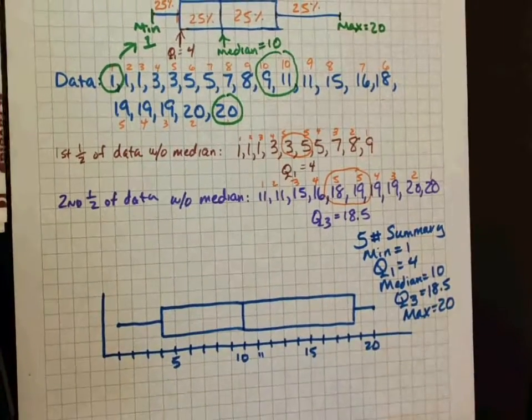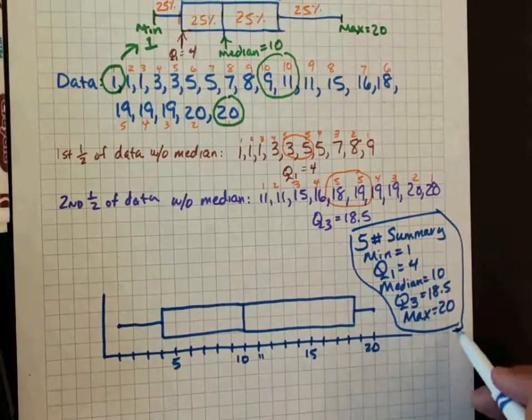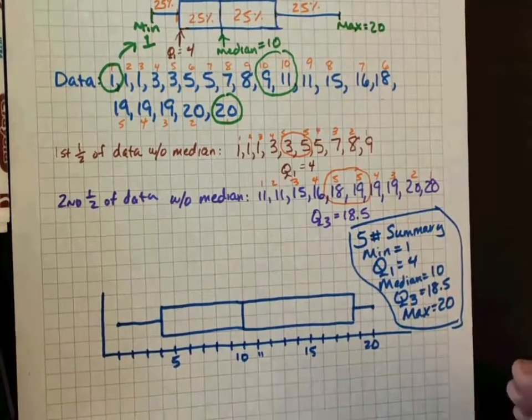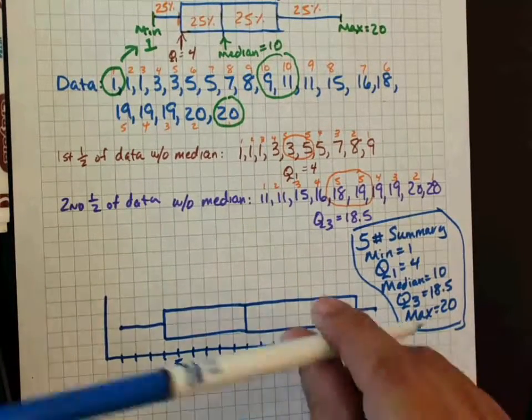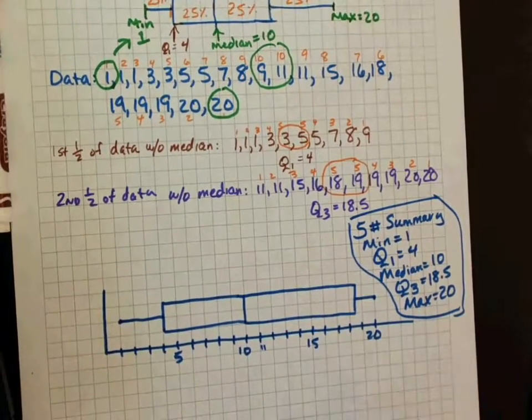All right, that's my 5-number summary right there. And that's all you need to draw a box and whisker plot if we're not worried about outliers. To learn about outliers, make sure you do the assignment. Should be D4 on WebAssign.